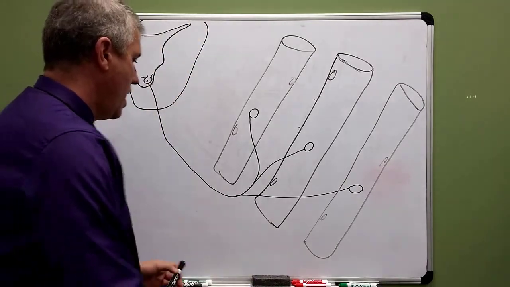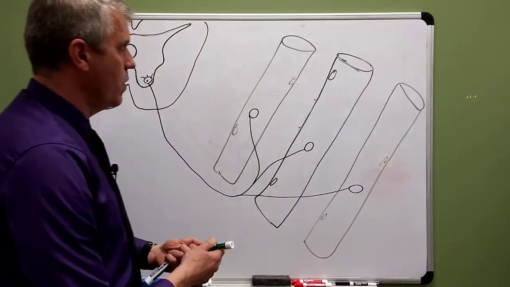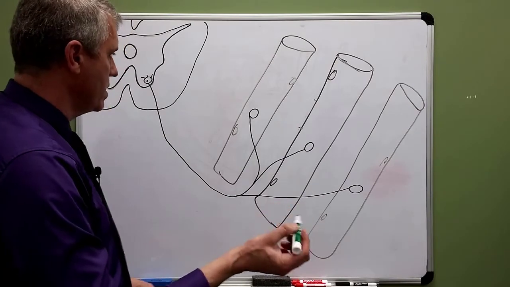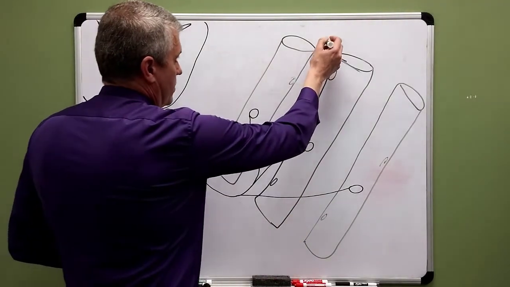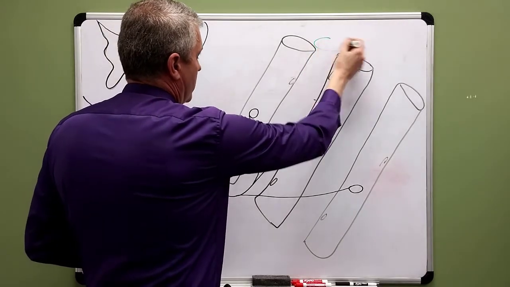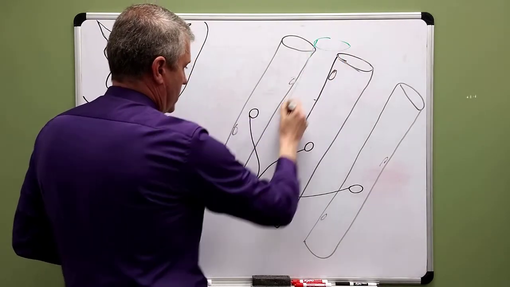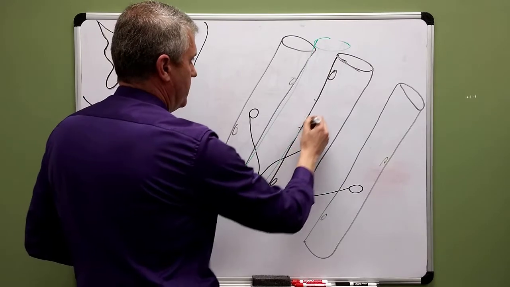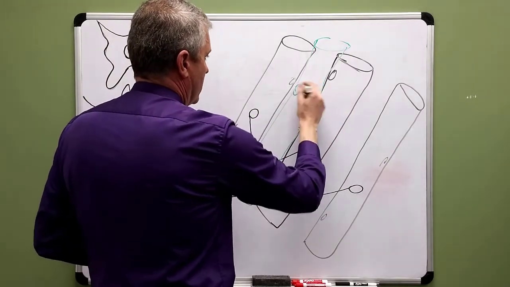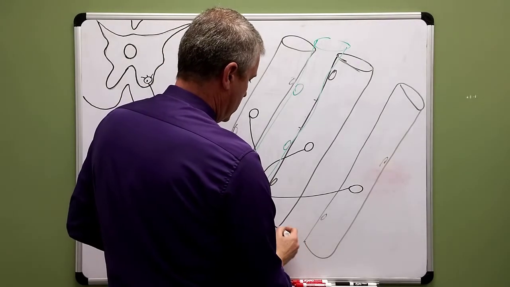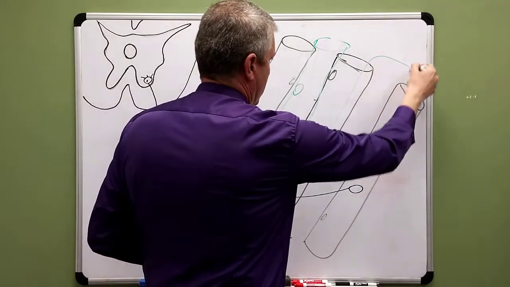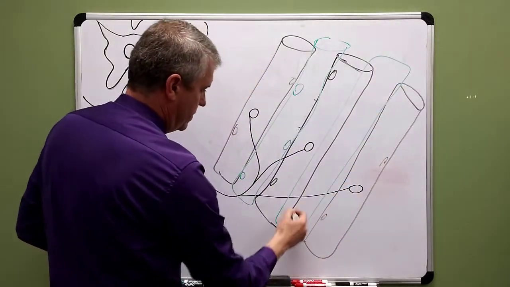Okay, sorry. Let me do another motor unit here, and I'm going to use a green color just to make sure you can see that it's different. It's within the same muscle, though. So here's one green muscle cell, and here's another green muscle cell. And 2 is probably enough.